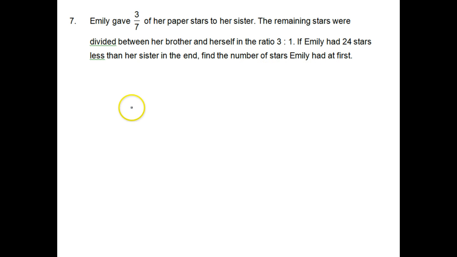So Emily, initially, this is the stars that she has. She gave to the sister 3/7. Her remainder would be 4/7.